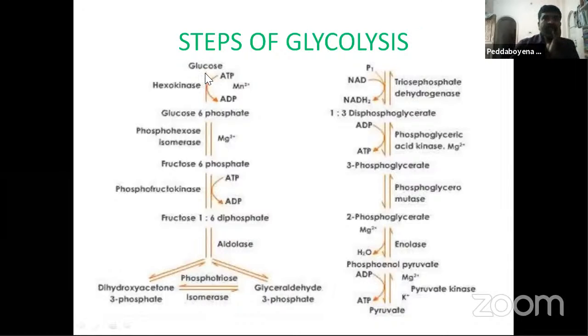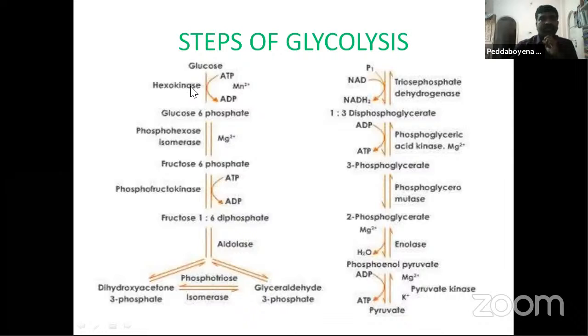In the first step, one molecule of glucose is converted into glucose 6 phosphate. This reaction is catalyzed by the hexokinase enzyme.